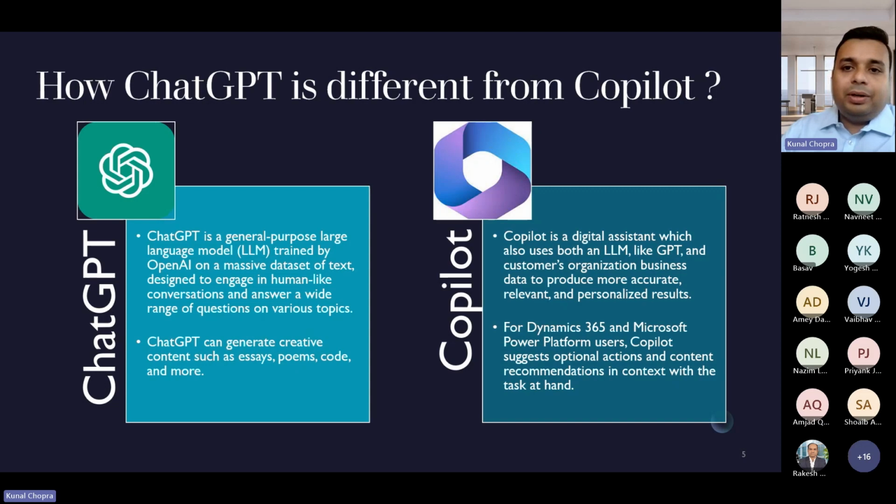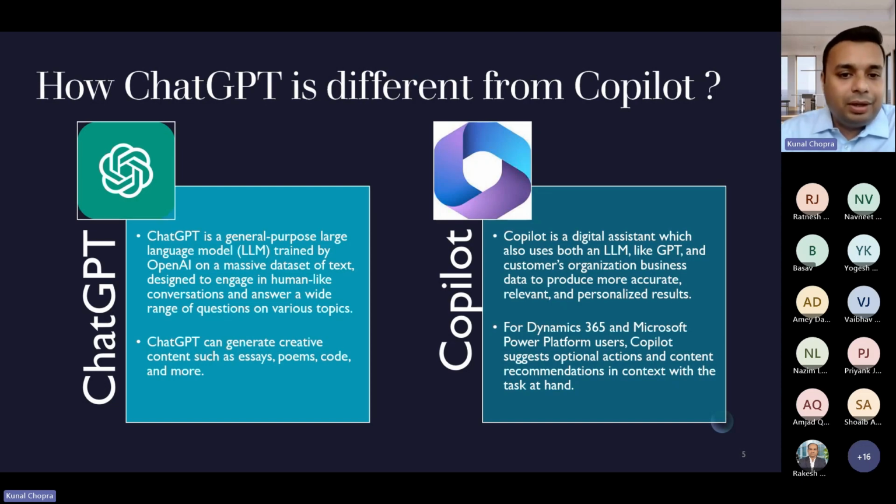Now, talking about the difference between ChatGPT and Copilot. ChatGPT is basically a general purpose large language model. It is an LLM trained by OpenAI with a large set of data, and most of us have already used it. We can have human-like conversations, and it is not confined to one specific topic.